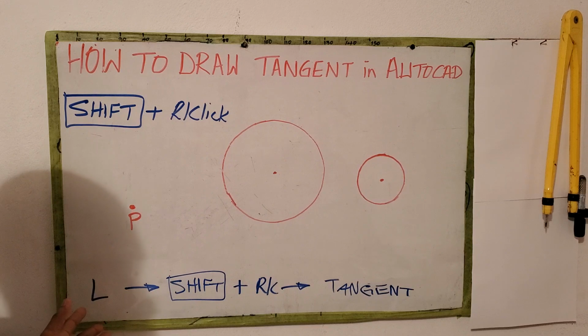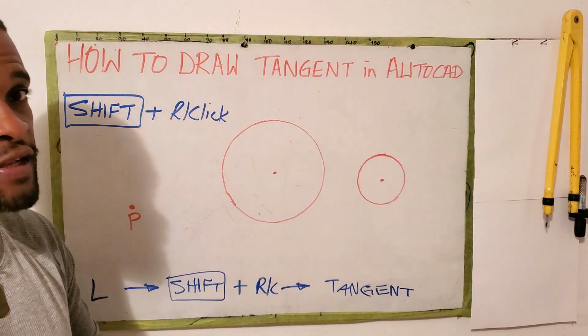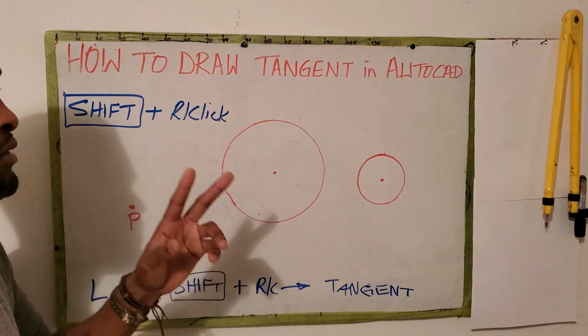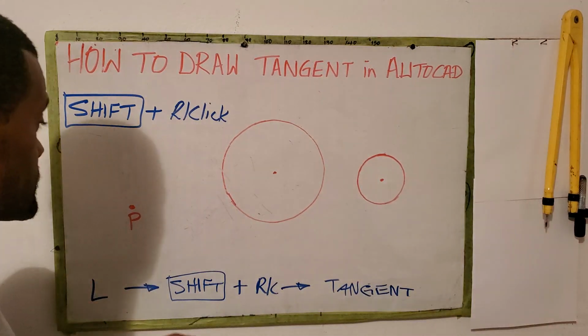I like to do the shortcut key, so I type L, enter. It will then ask me to specify the first point for the line. Remember, for a line we need 2 points, right?